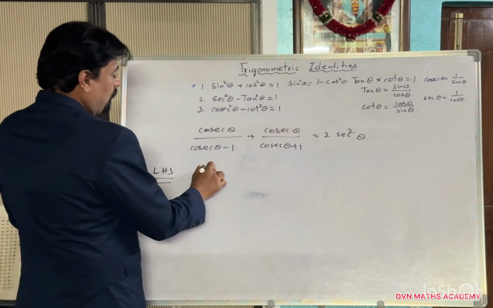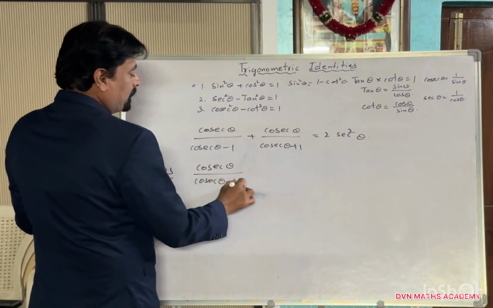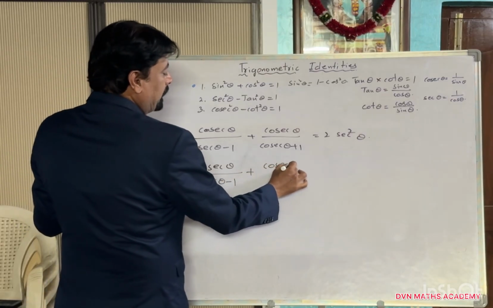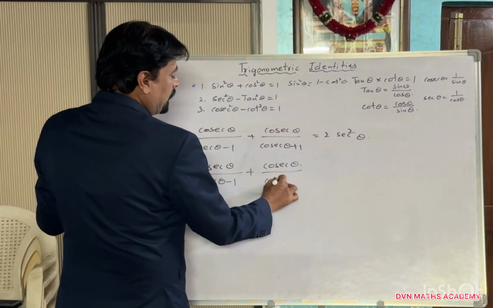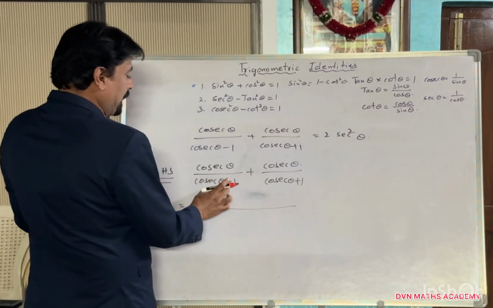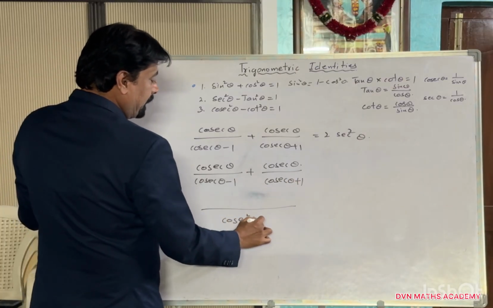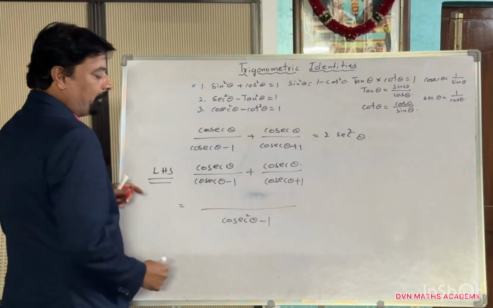LHS is cosec theta by cosec theta minus 1 plus cosec theta by cosec theta plus 1. Just go for the LCM. This is a minus b into a plus b, which is nothing but cosec square theta minus 1.